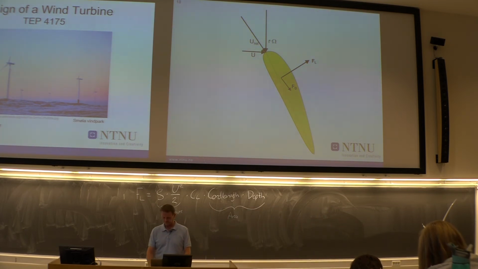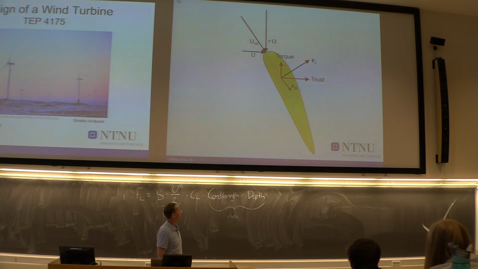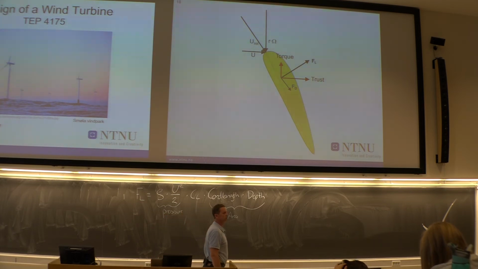We define those two directions of the forces to be thrust and torque. I think I misspelled thrust here. But for us, it's all about finding out how much torque we have.